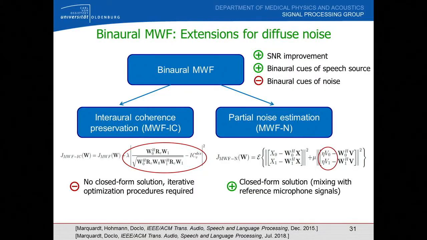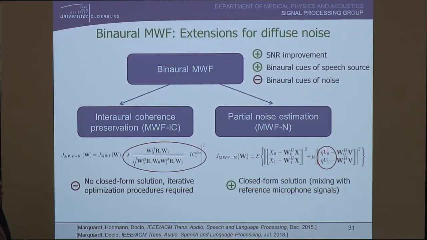On the other hand, we've proposed a technique called partial noise estimation, where in this multi-channel Wiener filter, we don't aim at completely reducing the noise, but the goal is to only estimate a scaled version of the noise components in the microphone signals.